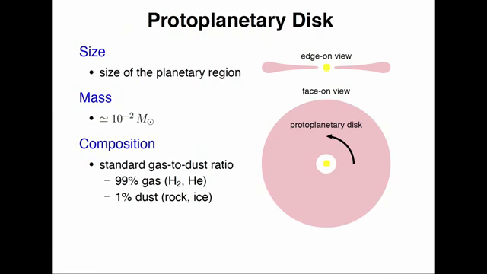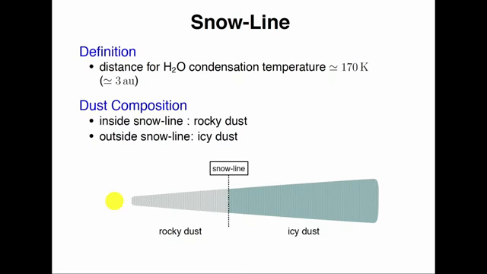But we have also already heard from Inga's and also Nadal's talk about this snow line. So the snow line is the border of the composition of the dust component.